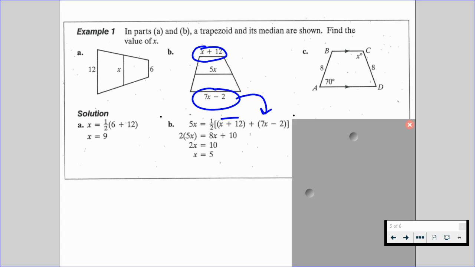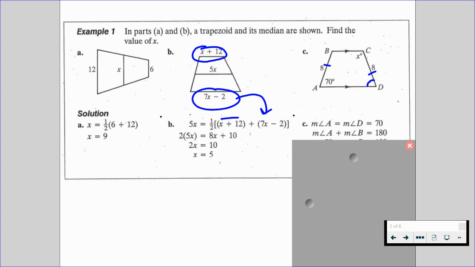In C, we are given that we have a trapezoid. We know it's an isosceles trapezoid because AB has a length of 8 and CD has a length of 8. So we can use the properties of isosceles trapezoids, knowing that we have congruent angles. Well, we're going to know that the measure of angle A is equal to the measure of angle D because, again, it's an isosceles trapezoid.